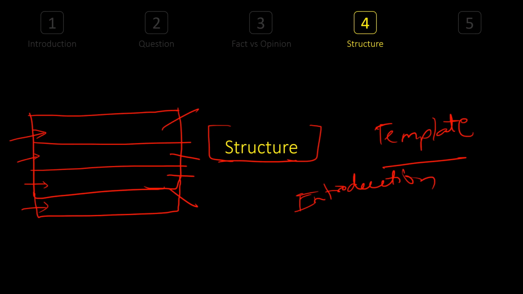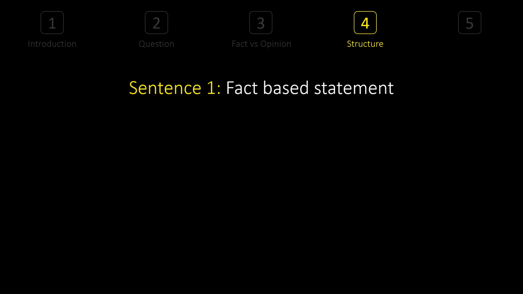Okay, so when you write an essay, you have introduction, body paragraph, conclusion. I'm talking about the inside structure of the introduction paragraph. The first sentence of the structure is a fact-based statement. What is a fact-based statement? We have seen what a fact is in a question. Based on that fact, we create a general statement.